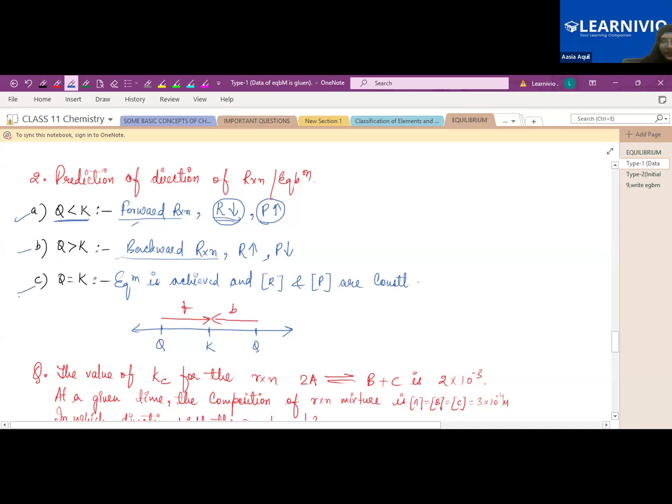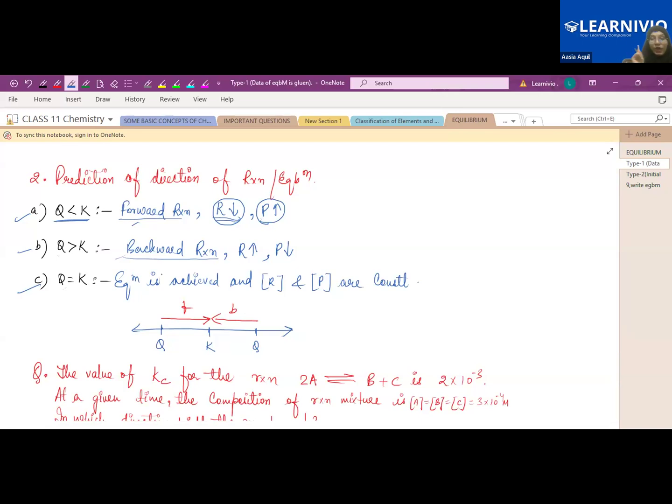The third case is when Q is equal to K. When Q is equal to K, equilibrium is achieved. What does it mean? As I told you earlier also, at equilibrium, Q becomes equal to K. And at equilibrium, you know very well, the concentrations of reactant and product are constant.